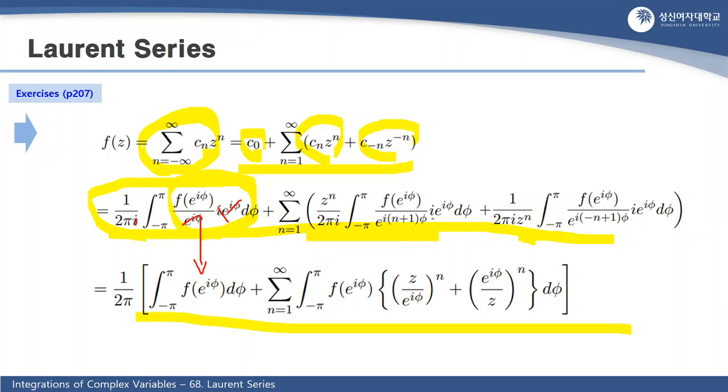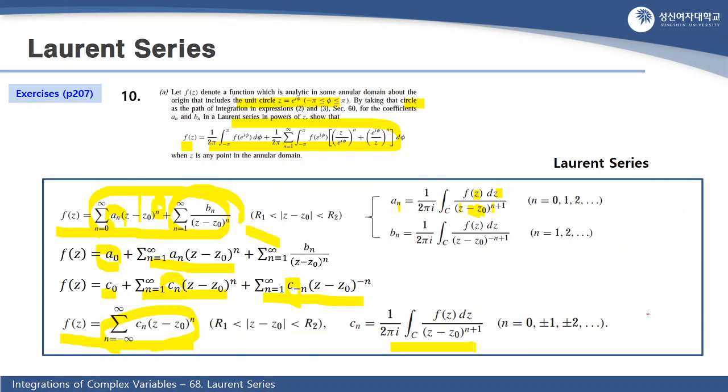Similarly, we cancel i and e to the i phi here, with e to the i phi in the denominator here, and the factor f of e to the i phi here. Then the remaining part is the positive and negative parts here from this and this. So the problem is solved as you wanted.